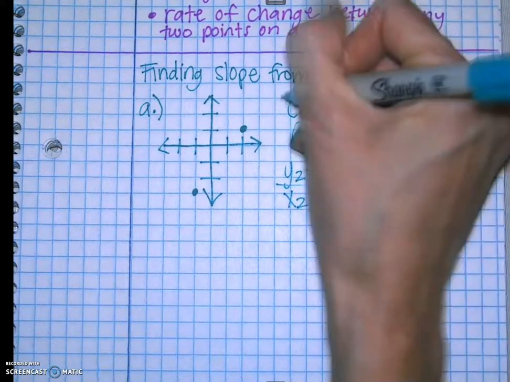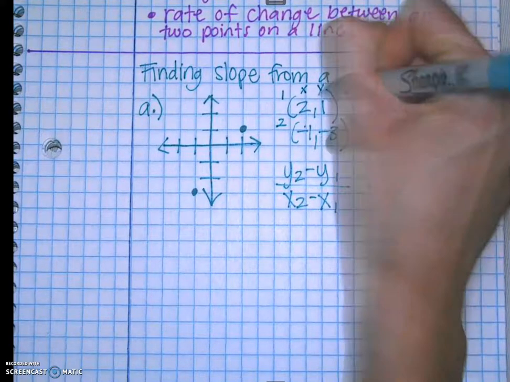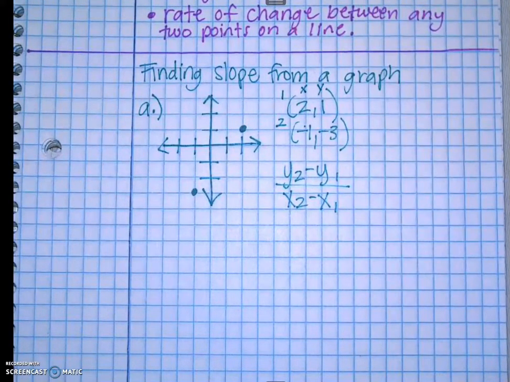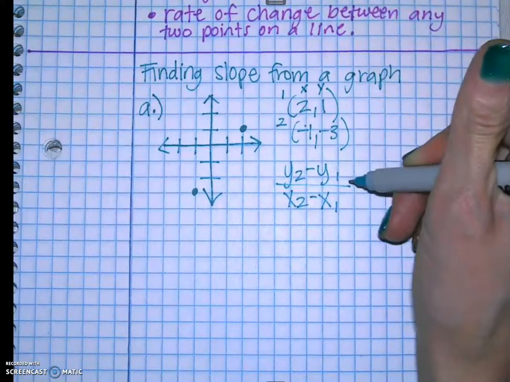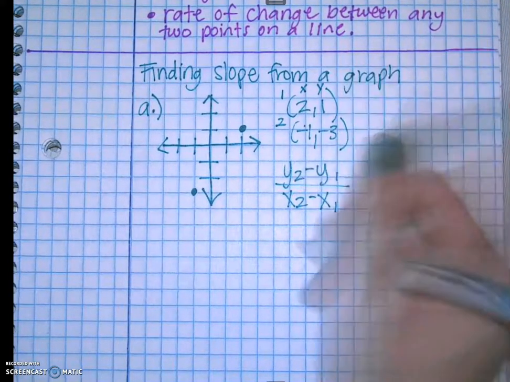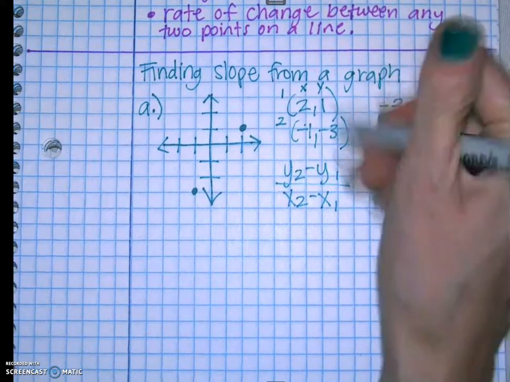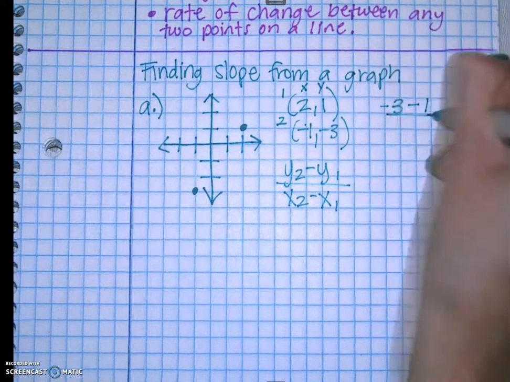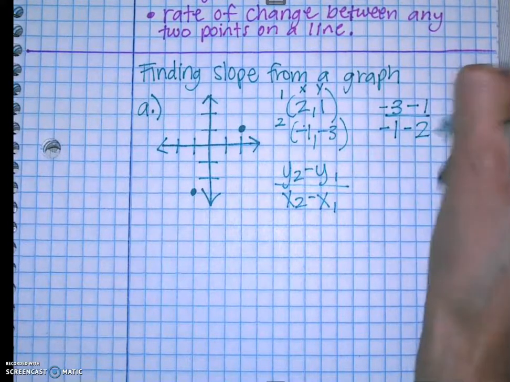So I'm going to say that this one is 1, this one is 2, and remember that you have x and then y. Okay? So what I'm going to do is plug these numbers into the formula. So for y2, I'm going to use -3 minus y1, which is 1, over x2, -1, minus x1, which is 2.